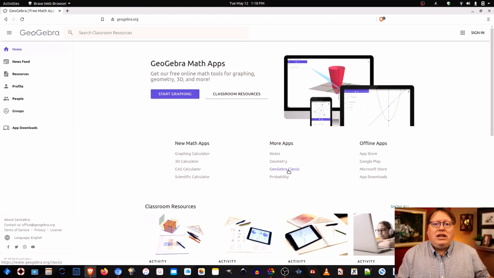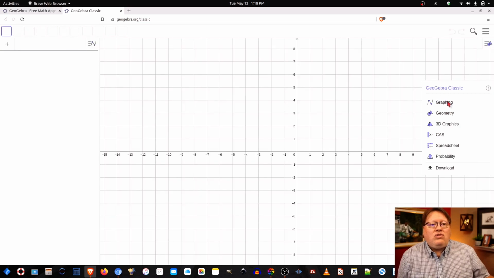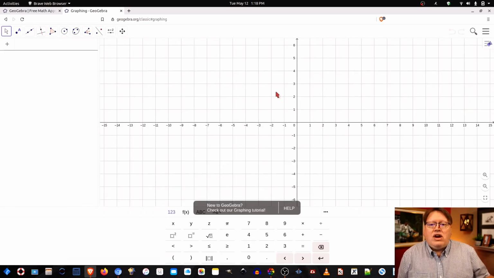So if you click down here on the GeoGebra Classic link, it's listed under more apps. You have several here: notes, geometry, GeoGebra Classic, and probability. So if you click on GeoGebra Classic, it will open up the Classic view. And over here on the right, you can just say graphing. That's okay. It does allow you, if you want to save your work, to come up here.